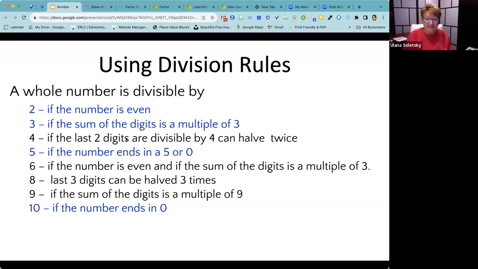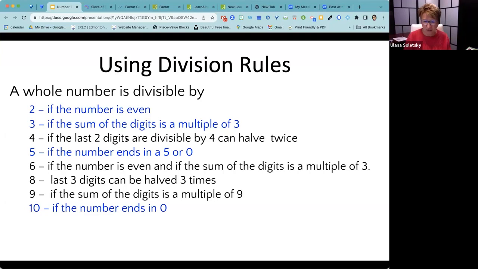Okay? 6 is really easy. Even though it's not specified in our outcomes, honestly, the divisibility test for 6 is that it has to be even first. Secondly, the sum of the digits is a multiple of 3.